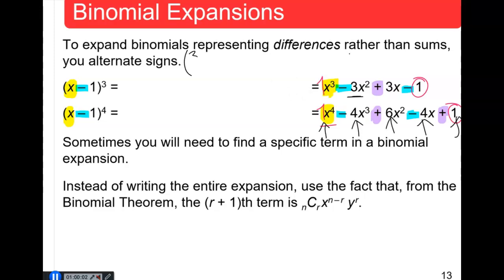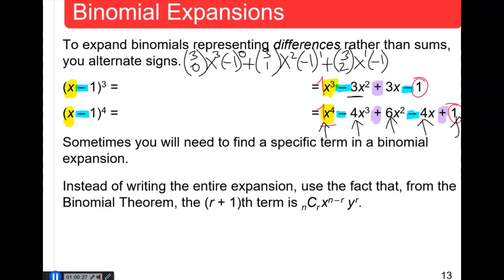So we said it was going to be 3 choose 0, x to the power 3, and then negative 1 to the power 0. Then we have 3 choose 1, x to the power 2, negative 1 to the power 1. Then 3 choose 2, x to the power 1, negative 1 to the power 2.